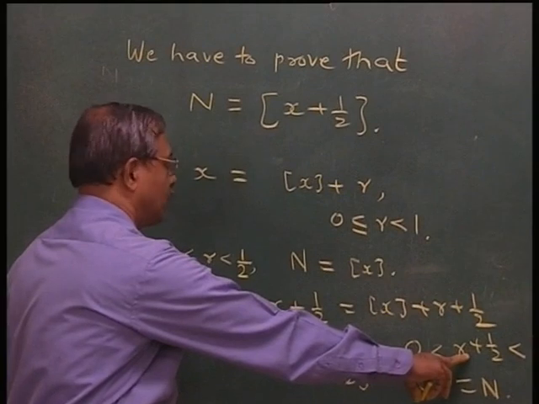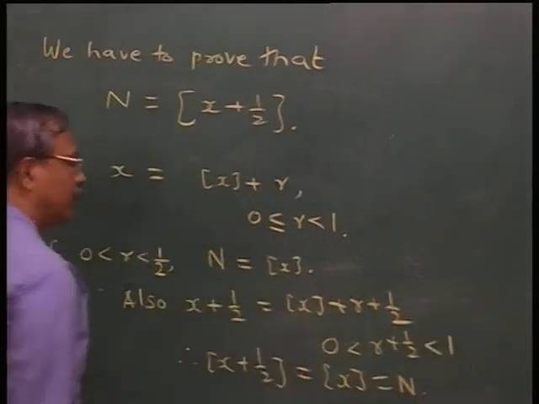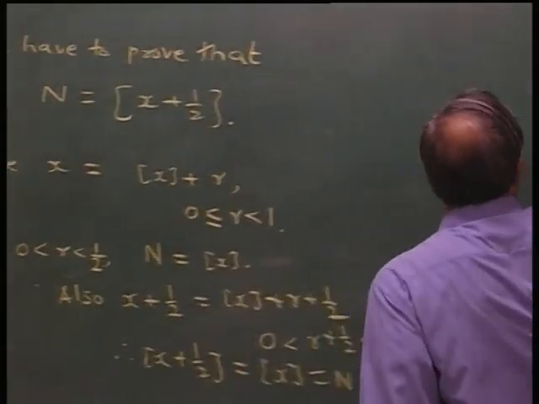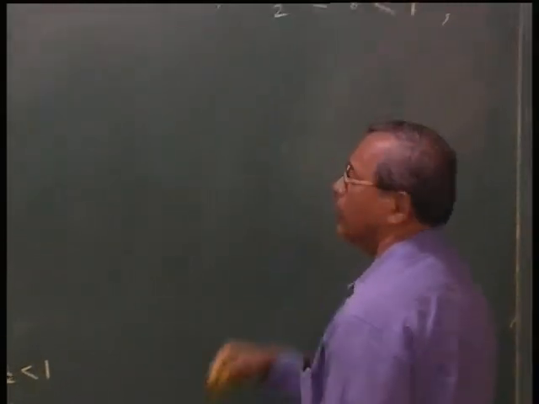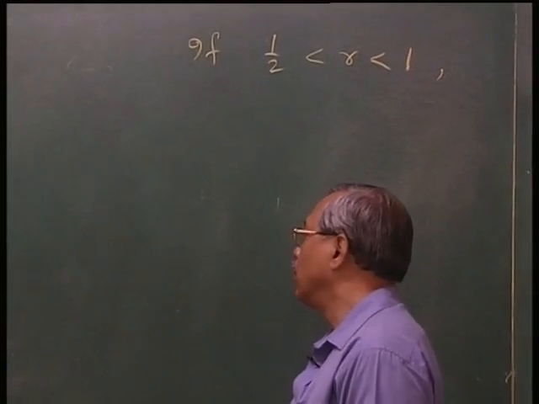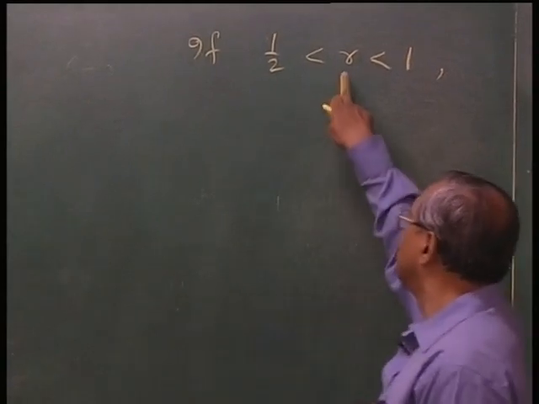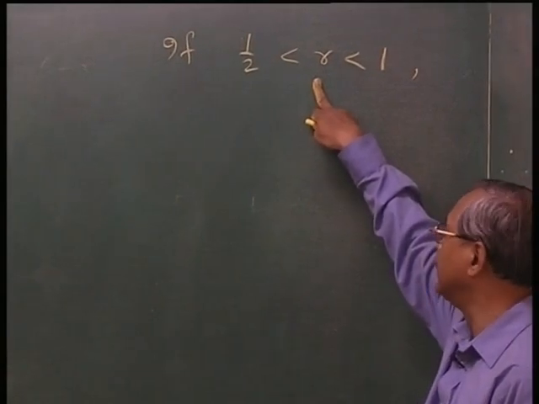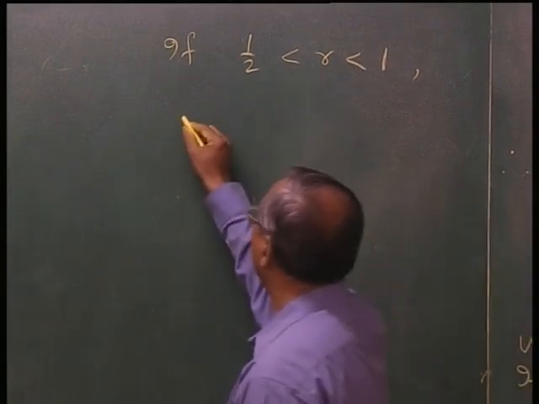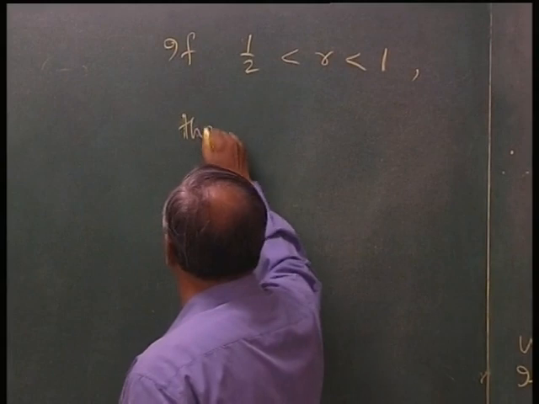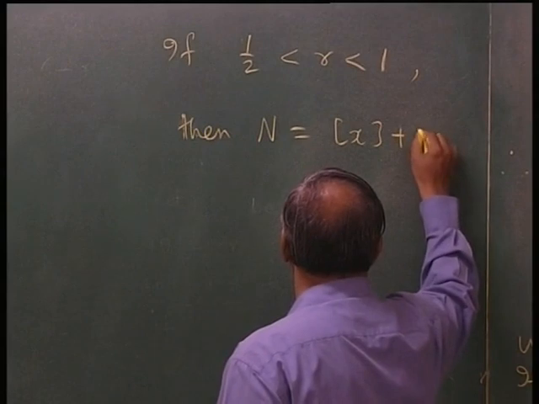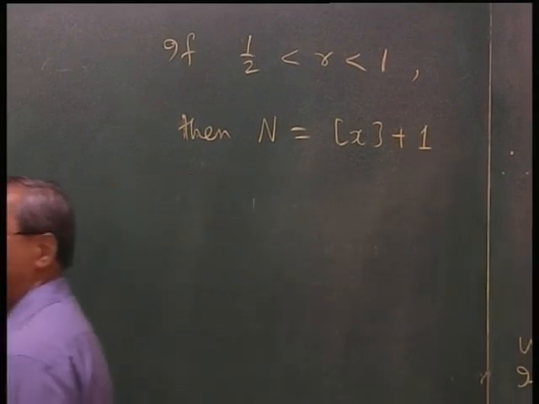Now in this case r is less than 1/2, therefore r plus 1/2 is less than 1, and that proves the result. Next thing is, if 1/2 less than r less than 1, then what happens? What is the nearest integer in this case? The nearest integer is the integral part of x plus 1. So n equals the integral part of x plus 1.